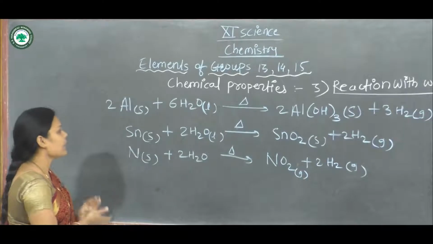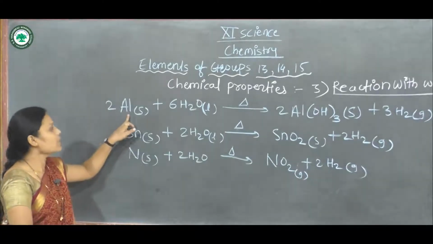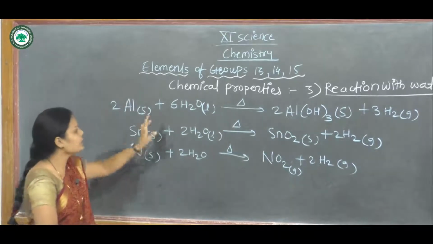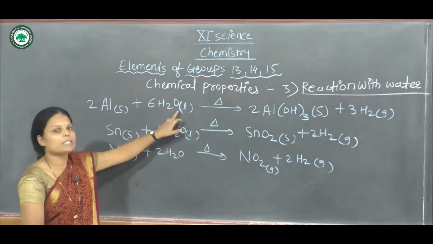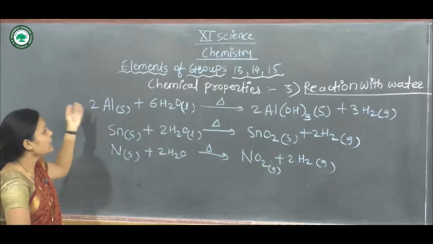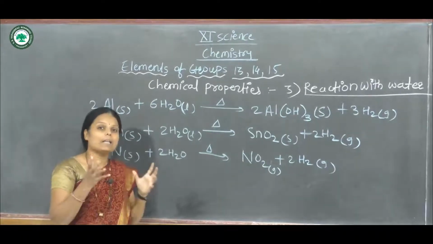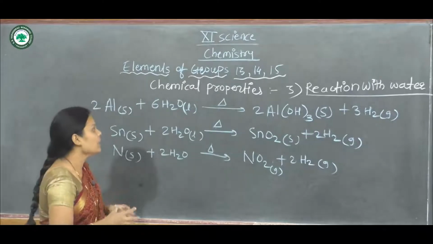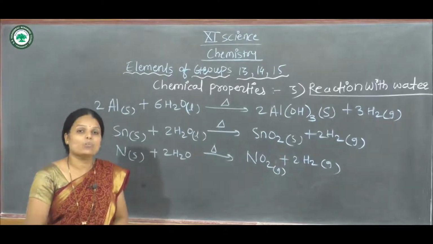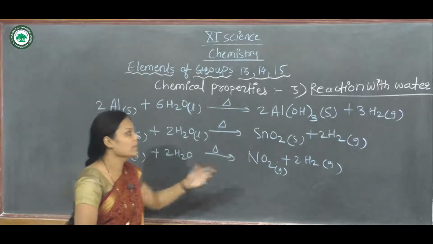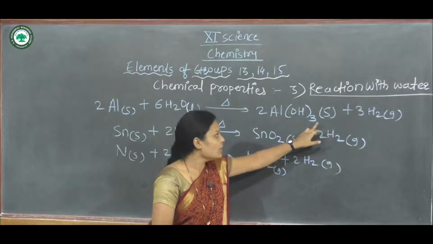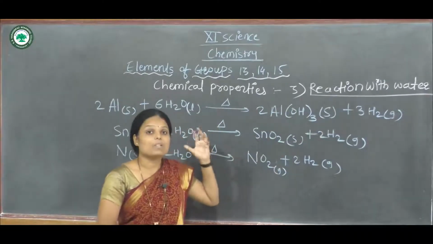Here is the first example. 2Al solid reacts with 6 H2O in liquid form. The aluminium is present in solid form. They react with each other in the presence of heat and form Al2O3, aluminium oxide, in solid form.